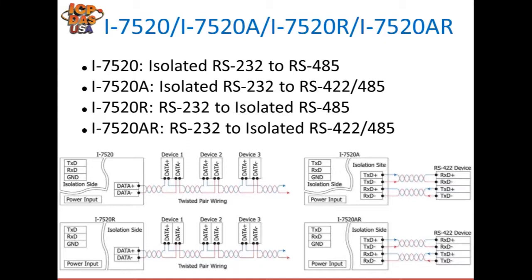Note that the I-7520 is isolated on the RS-232 to RS-485 side, and the I-7520A is isolated on the RS-232 to RS-422/485 side. And the R versions transfer the isolation to the other side.